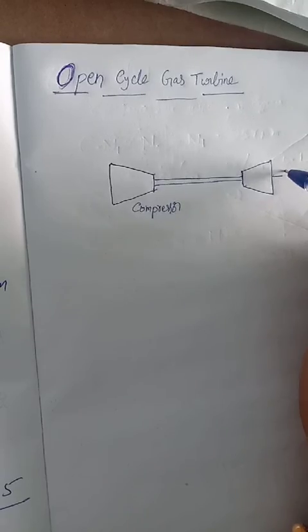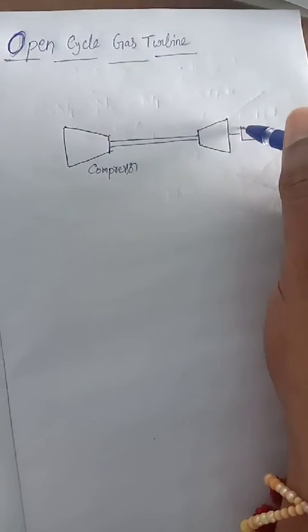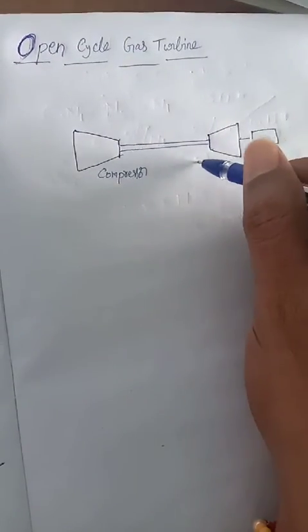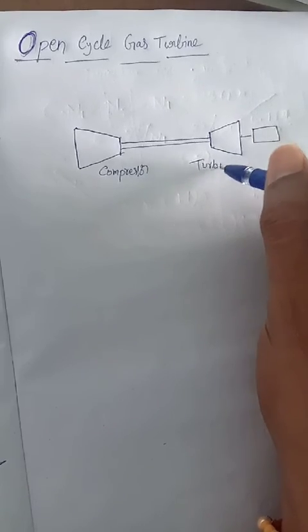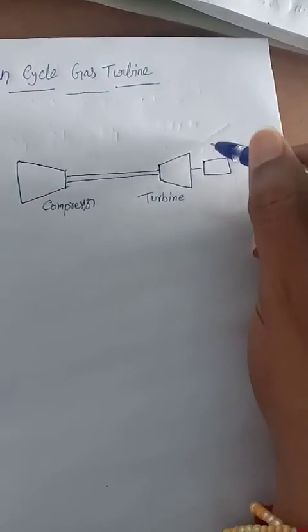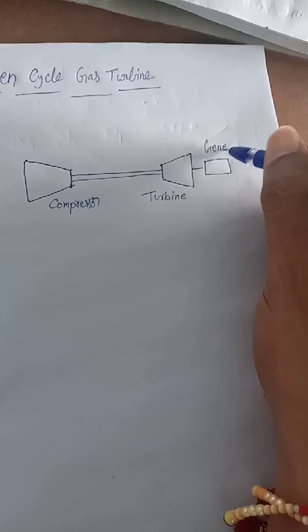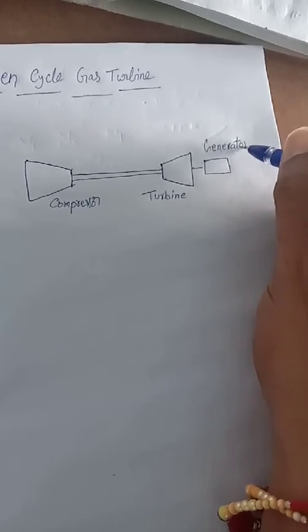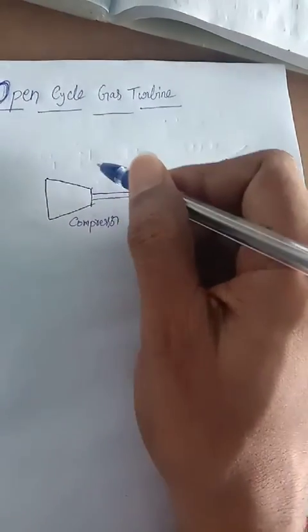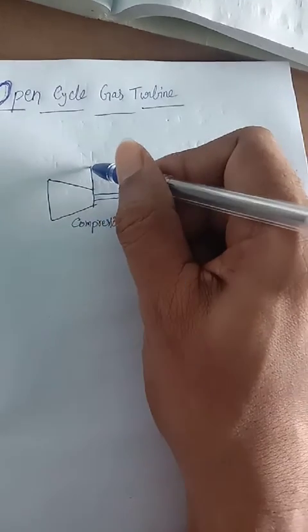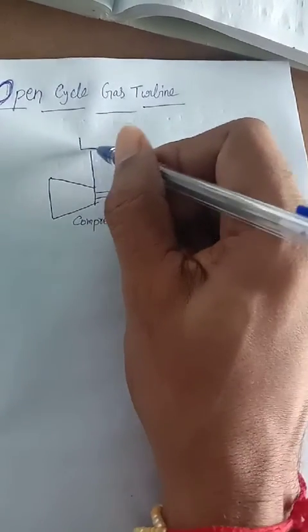So this is the turbine. This is the generator. Now the process is going like this.